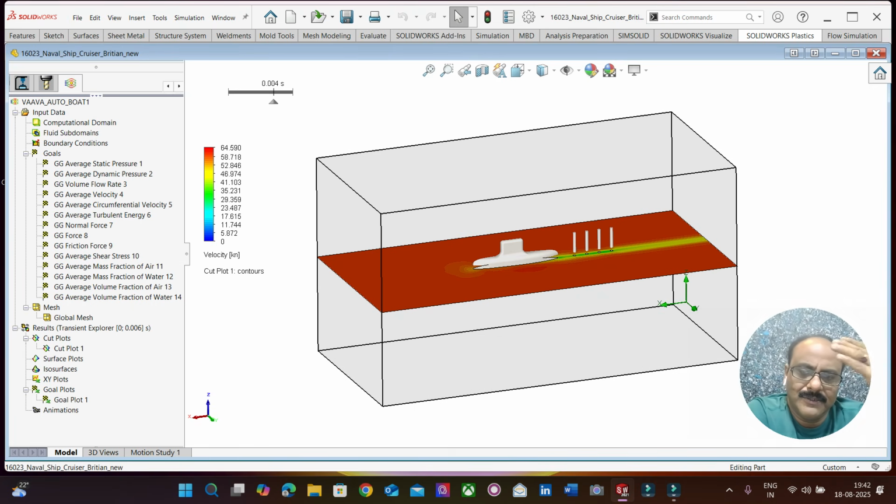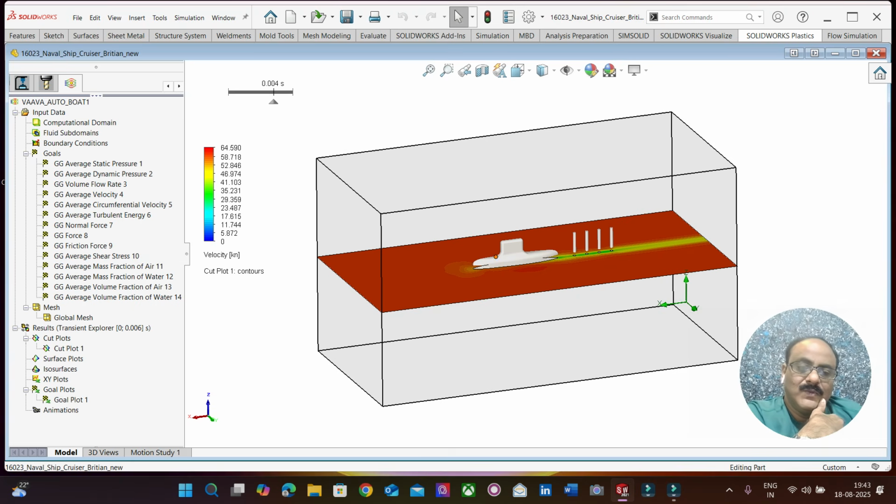In 10 seconds, it's going to travel, let us say, 100 meters. So this bounding box could be defined as a 1 kilometer box, and this submarine length is going to be about 25 meters.